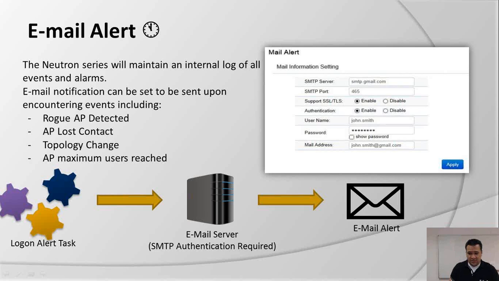You can set up an email alert to be notified by email if something happens, for instance, rogue AP or AP lost contact, disconnected, if something changed in the topology, or if the users are reaching the maximum limit.